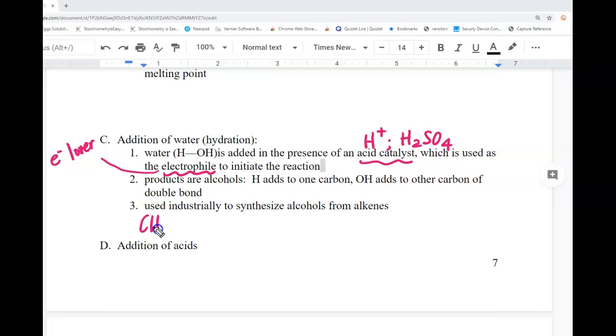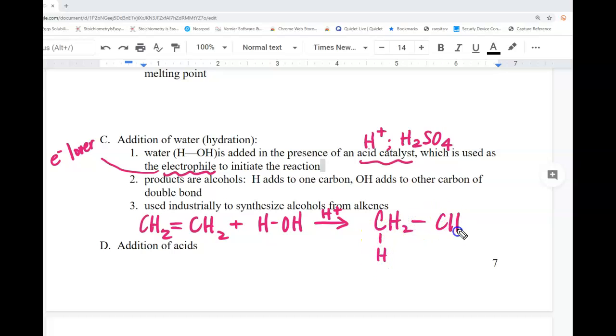Here we have our ethene, and we are going to want to add some water to it, and I'm going to on purpose write it as HOH. We will have an acid catalyst, which we will provide as a part of this reaction, and we will get, as a result, the CH2 with an H added to one side, and now an OH added to the other side.